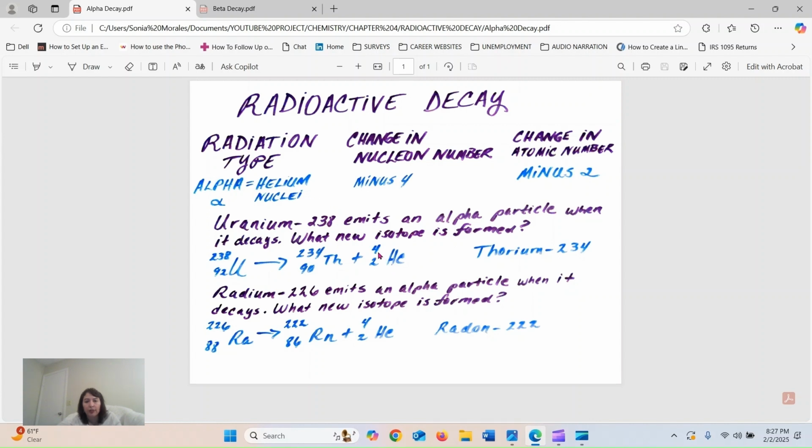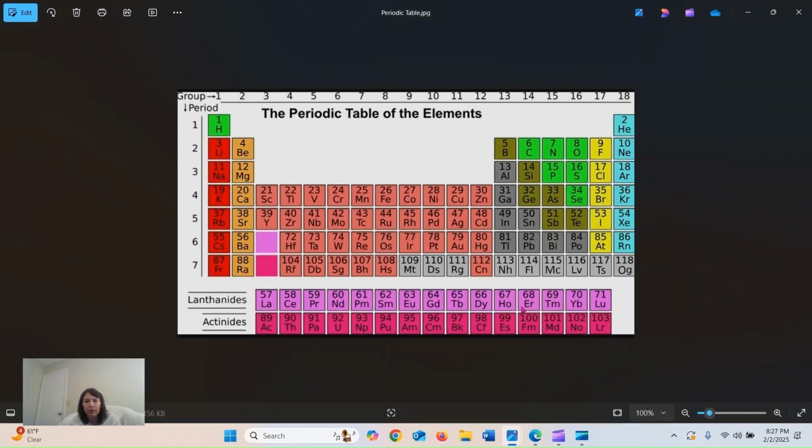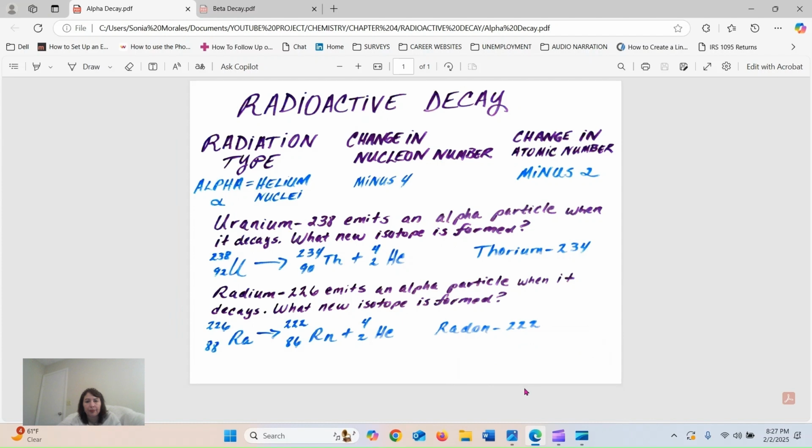The top number is the nucleon number of 4, and the bottom number is the atomic number of 2. So that being said, you have this annotation here.